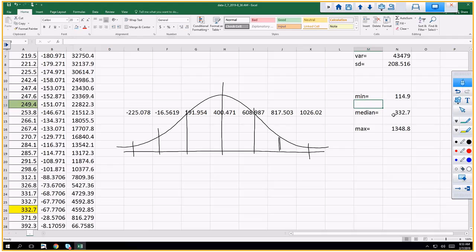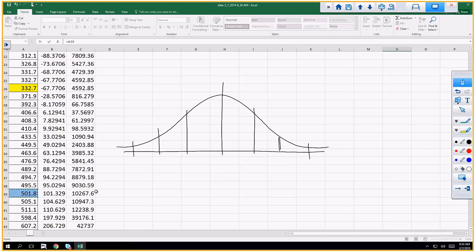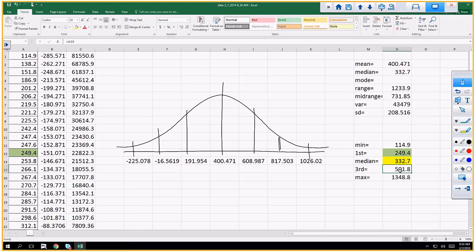So the first quartile is equal to, oh, did I forget the mid-range? I think I forgot the mid-range, didn't I? And that's going to be yellow. And the third quartile is equal to this number down here, and that's going to be blue.